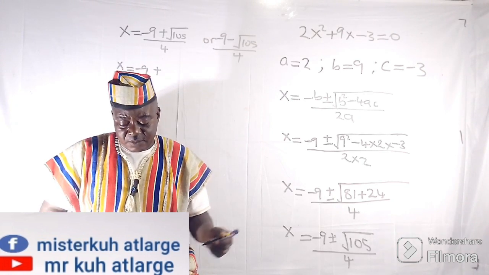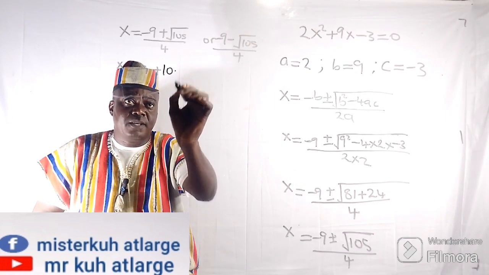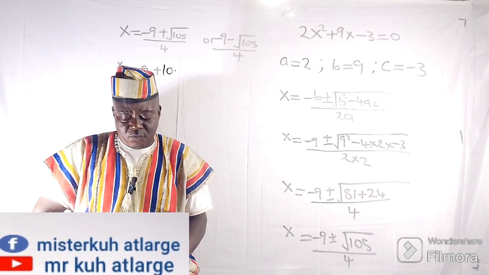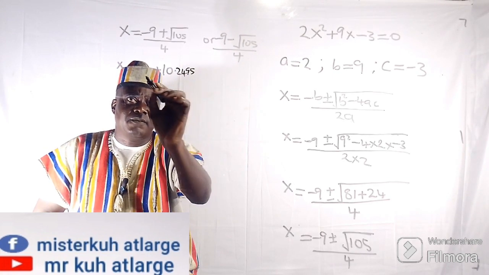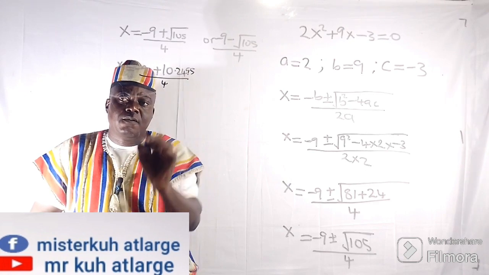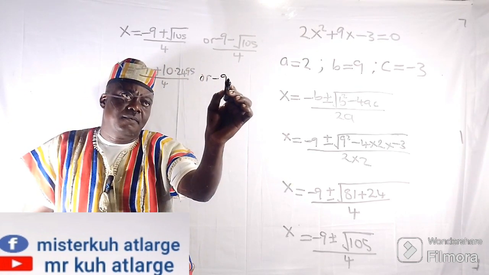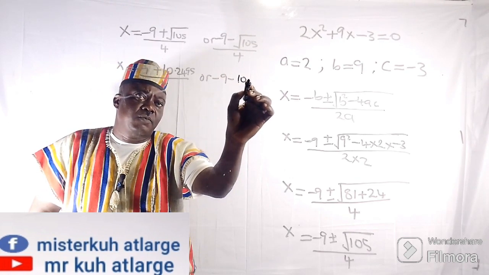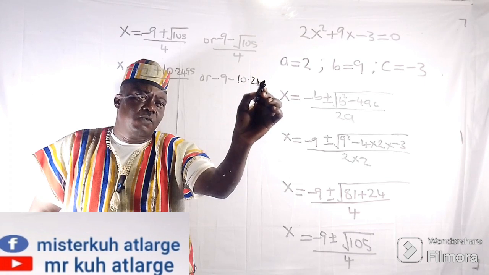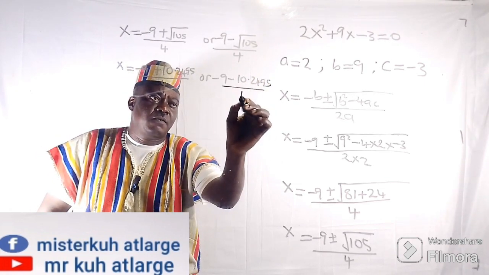I got 10.2495 over 4, or minus 9 minus the same thing, 10.2495 over 4.